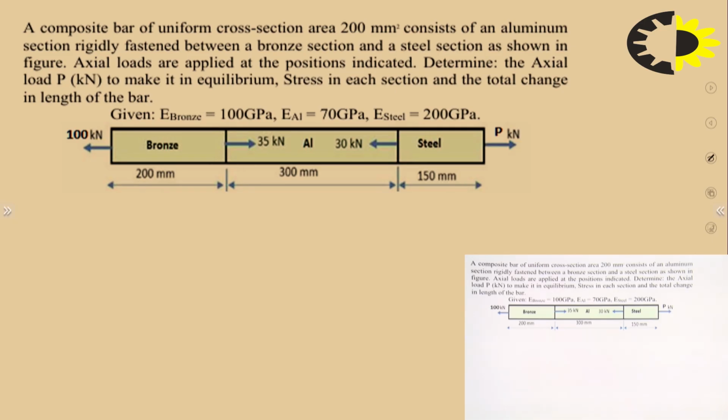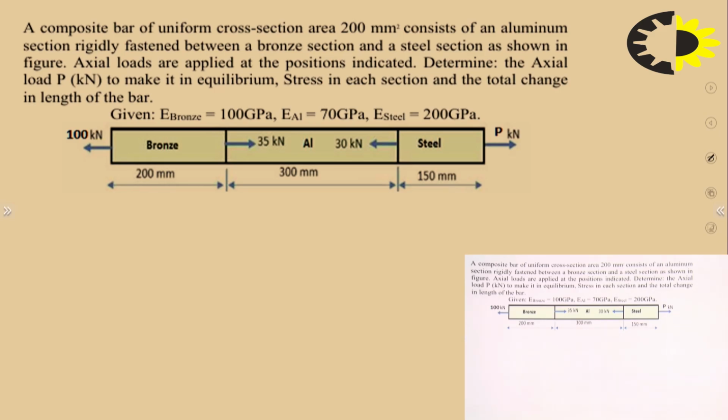A composite bar of uniform cross section area 200 mm square consists of an aluminium section rigidly fastened between a bronze section and a steel section. Okay. Axial loads are applied at the positions indicated.